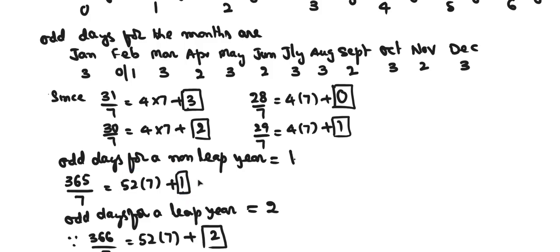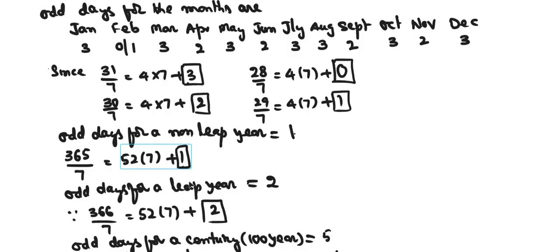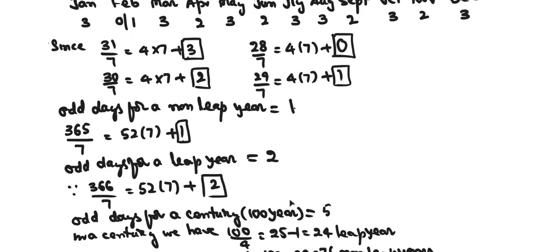Therefore number of odd days is equal to 1. For a leap year we have 2 odd days, because in a leap year we have 366 days divided by 7, 52 into 7 plus 2. So there are 52 complete weeks and 2 extra days. So in a leap year we have 2 odd days.